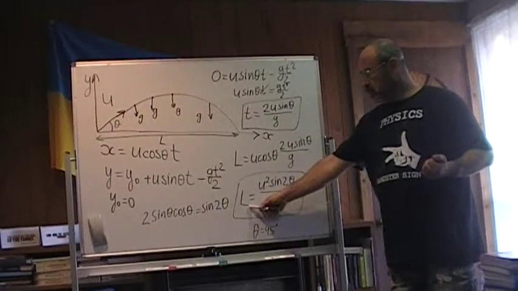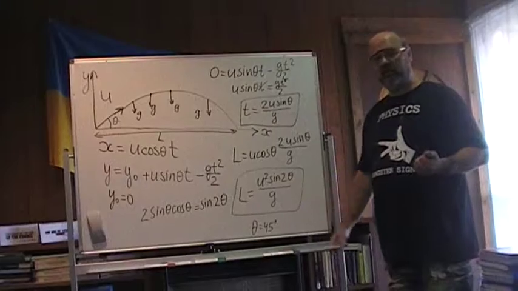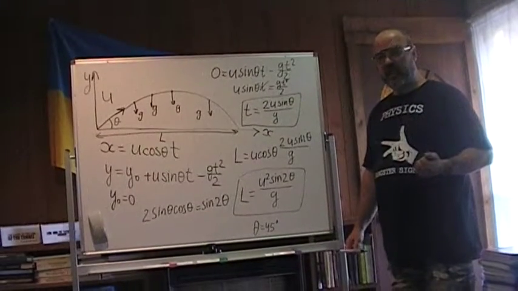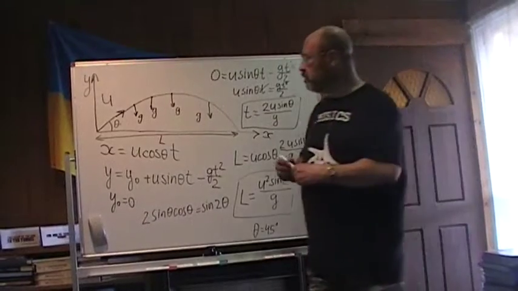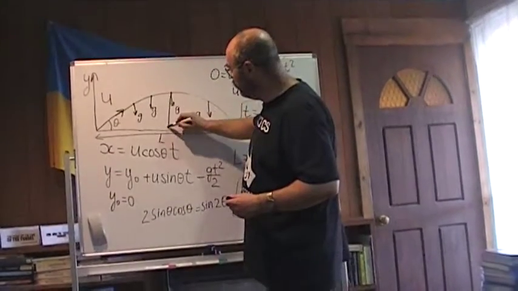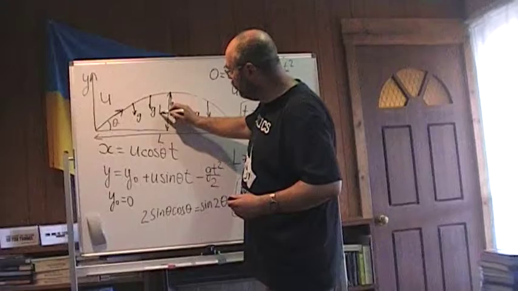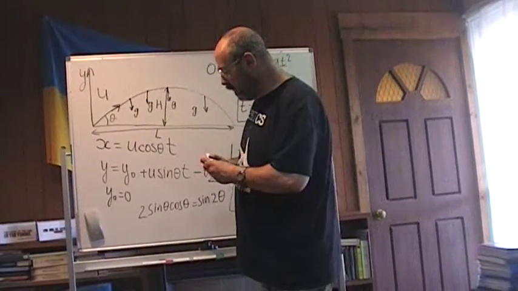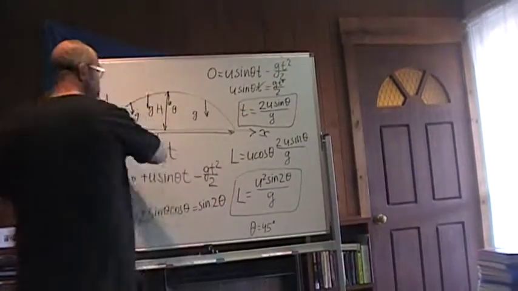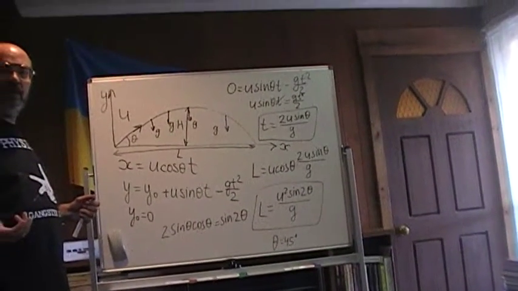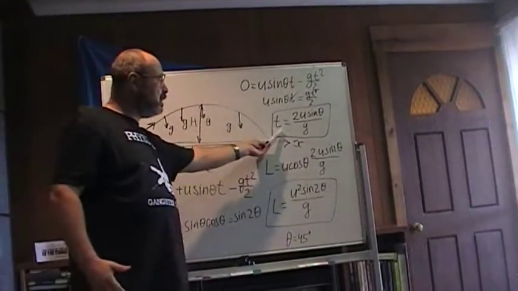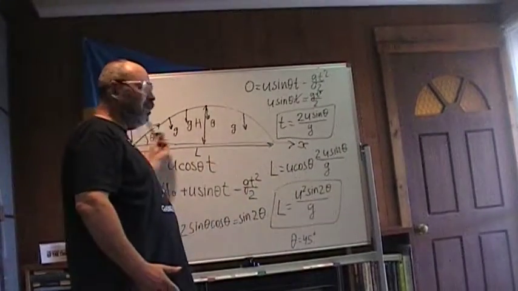So the longest range is for an angle of 45 degrees. Let's find now the maximum height. Because the motion is perfectly symmetrical, the maximum height will be achieved when the time is half of the whole time.